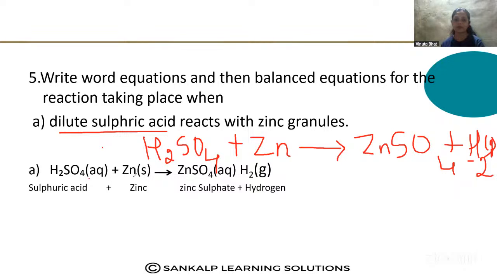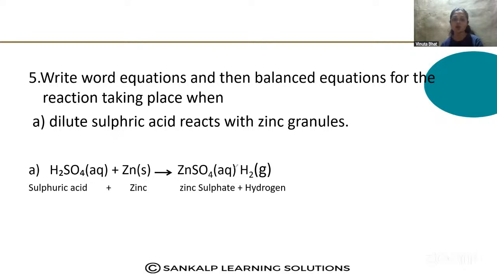So aqueous, solid, aqueous and hydrogen, that is the gas. So when acids react with metals, they form the salt and hydrogen gas. Zinc sulfate is the salt, and hydrogen gas is released in this reaction.